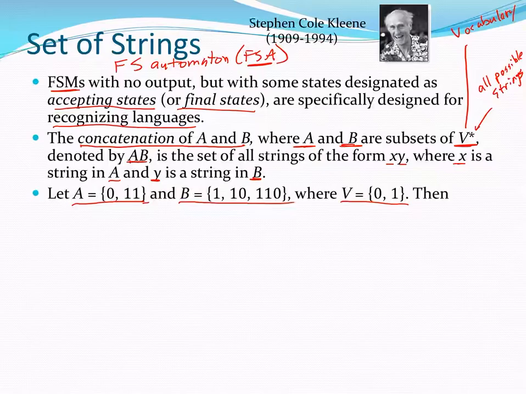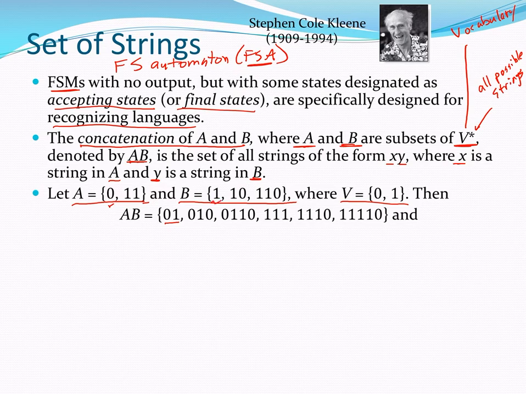Now, if I want to do the concatenation of A and B, I will take every possible combination of a left portion from A and a right portion from B. So for instance, I can create 01 by taking the 0 from A and the 1 from B. I can take 010 by taking the 0 from A and the 10 from B, etc.